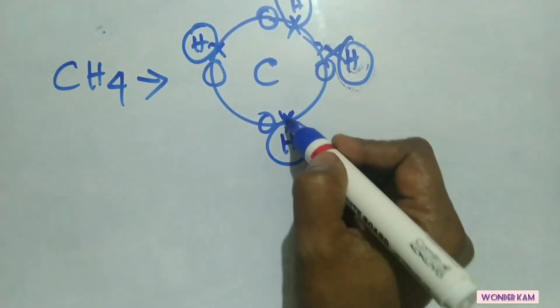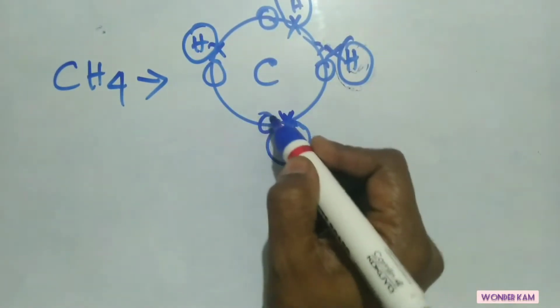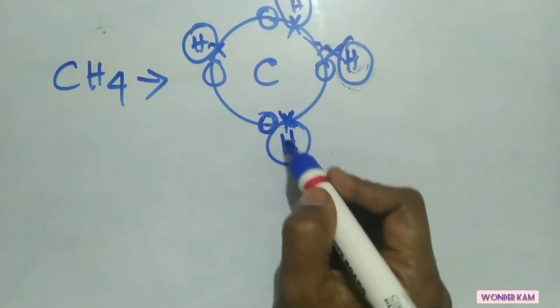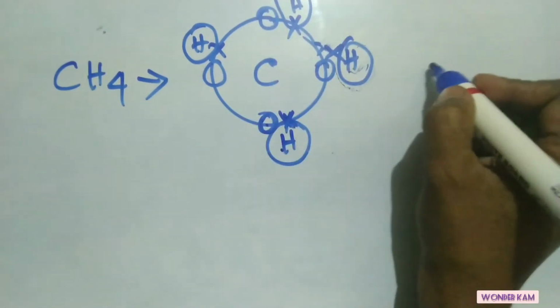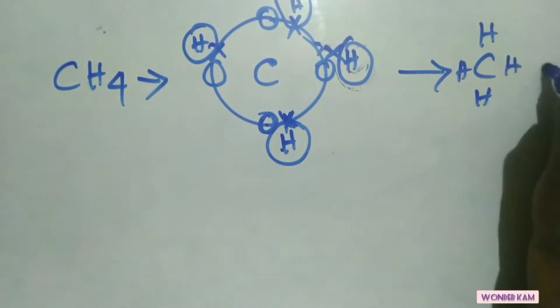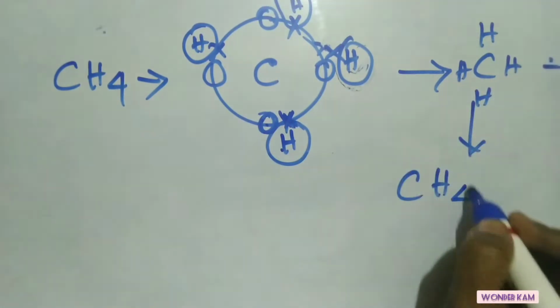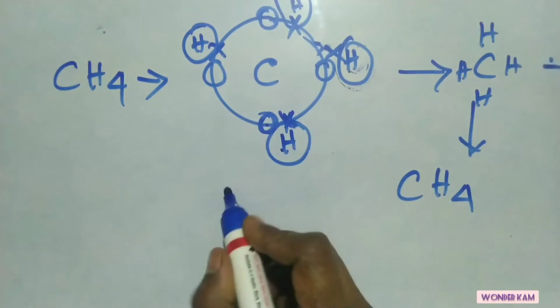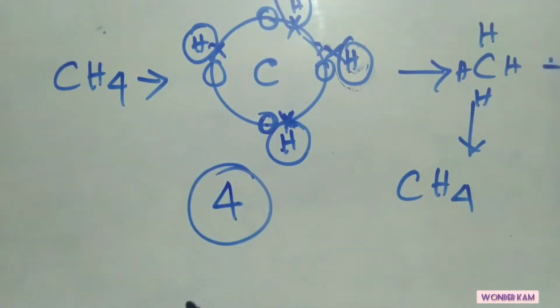So hydrogen is sharing 1 electron with carbon, and carbon is also sharing 1 electron with the hydrogen. This is the sharing, and we get CH4. Here the valency of carbon is 4 because it is sharing 4 electrons with the 4 hydrogens. Again, this losing of electrons will tell about the metallic character of the element.